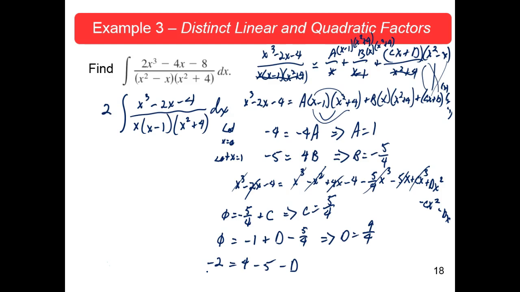So when x is equal to 1, 1 minus 2 minus 4, that would be a minus 5. That's right. And this would be a 0. That would be 4 times b. I don't see any other way.